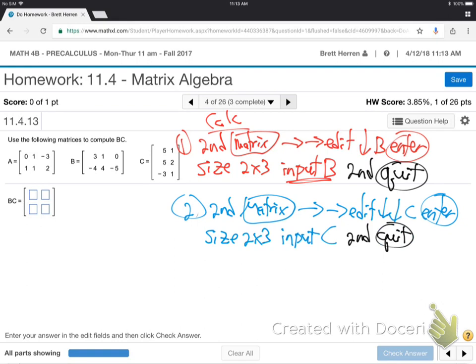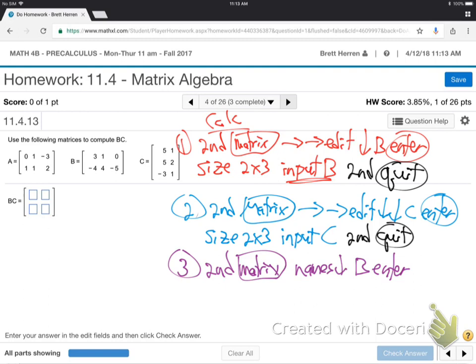And then finally, step 3. Now we're going to call them forth. Hit second matrix, and you're on the names menu. Go down to B and hit enter. Hit times on the main screen.